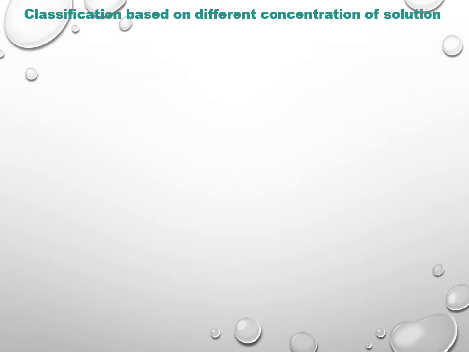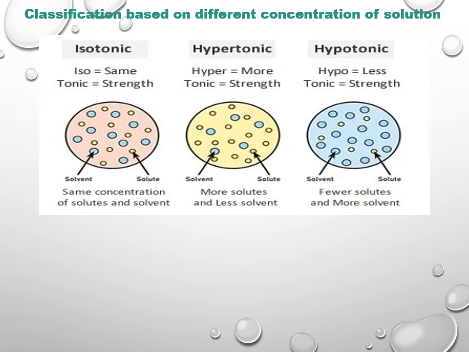Now based on the concentration of solutions, we have three different types of solutions here. You have isotonic, hypertonic and hypotonic. What is isotonic? Iso means same. So when you have a solution in which the concentration of solute and solvent are equal, you say it is an isotonic solution.